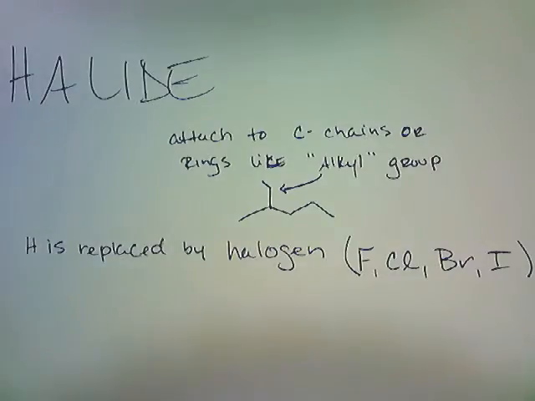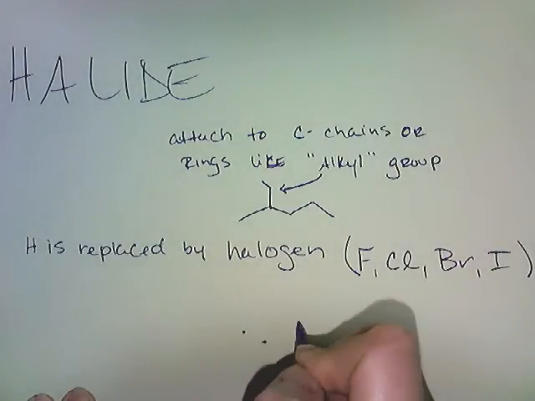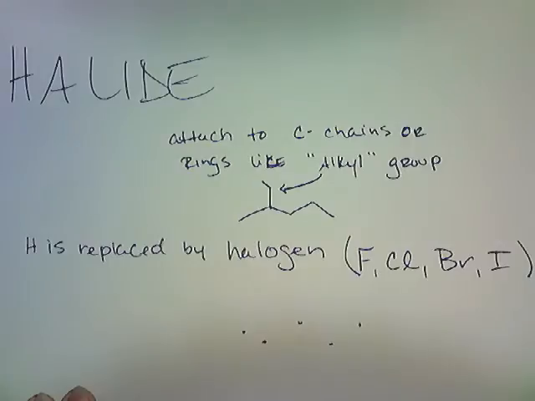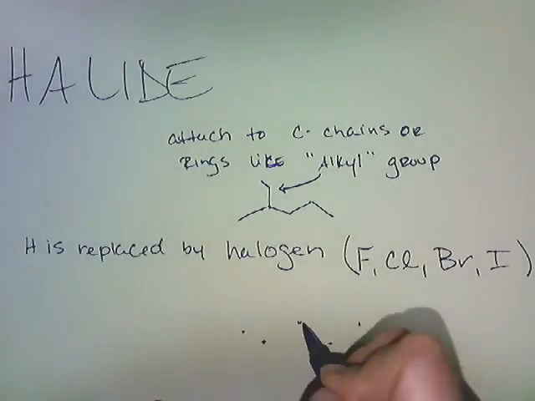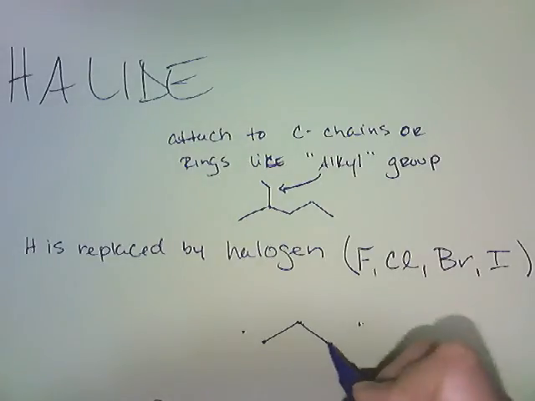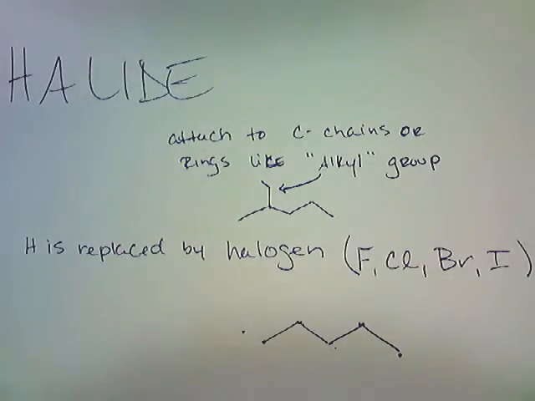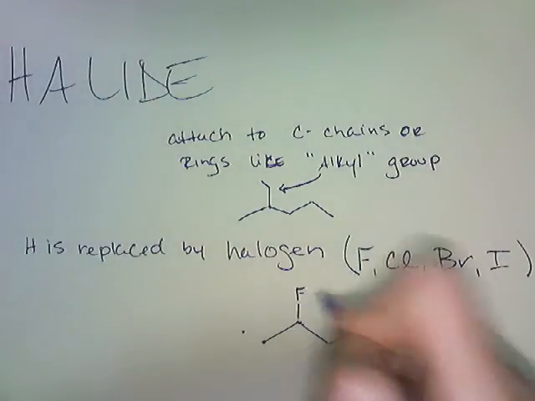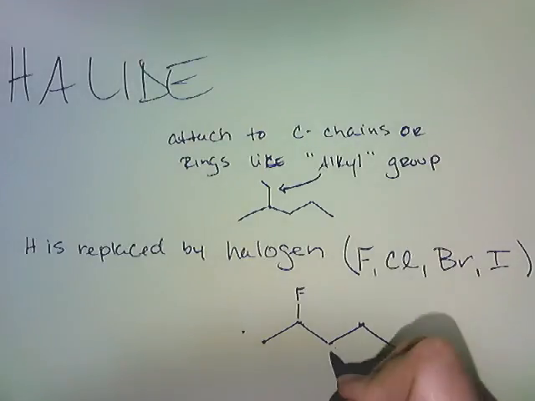So let's name one. So if we have, let's see, 5 C's, 1, 2, 3, 4, 5. And we notice that we have an F hanging off here, or an F hanging off here.